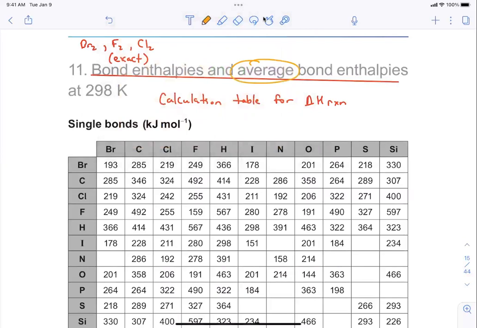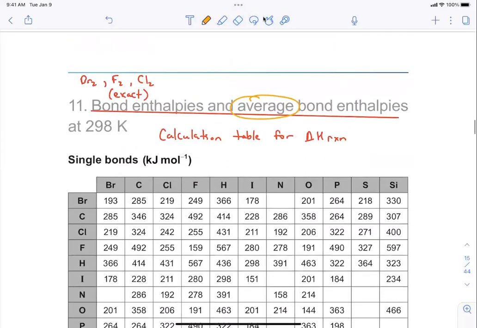Instead of trying to dissect each and every single bond, we find an average value that we use. Let's say, for example, we're trying to find a CH bond. Well, we could take CH4 and break it up into C and 4 H's, break up all the bonds and see how much energy that takes. If we knew the value of that, how would we figure out the average bond enthalpy?